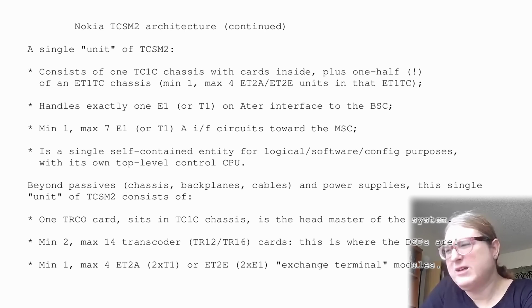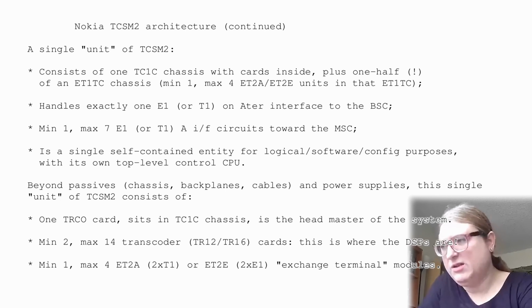Even if I had the full rack, I would have 8 logical units. Each of these is like its own entity for software configuration purposes. And each of these units handles a single E1 circuit toward the BSC, a single 8R.